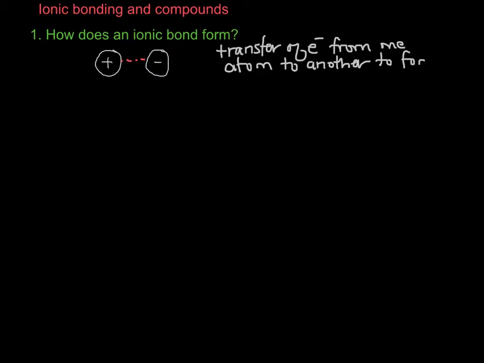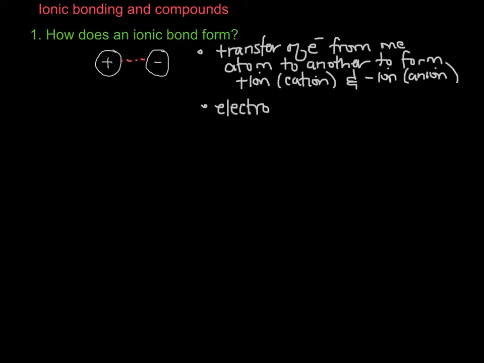You end up with a positively charged ion, which we called a cation, and a negatively charged ion, which we called an anion. That's the first thing that happens. The second thing is you end up with an electrostatic attraction between the cation and the anion.